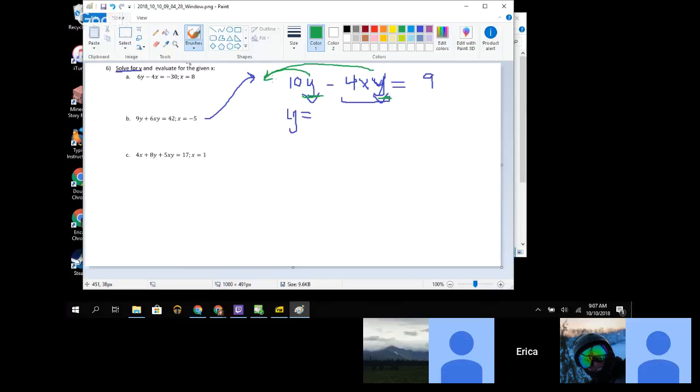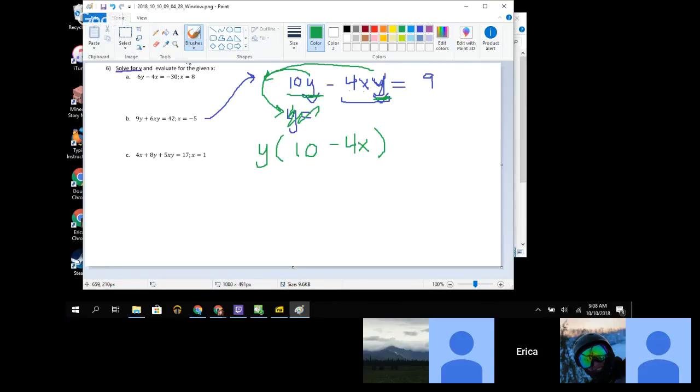If I pull a y out front, then what's left is something in parentheses. If I pull a y out of 10y, I'm left with 10. If I pull a y out of 4x times y, I'm left with 4x.